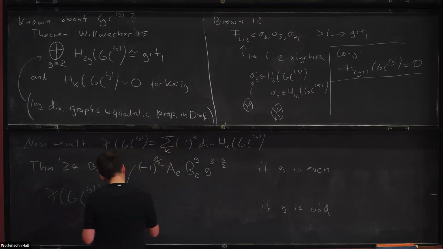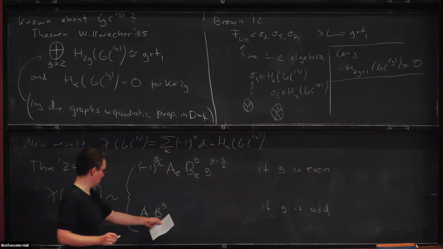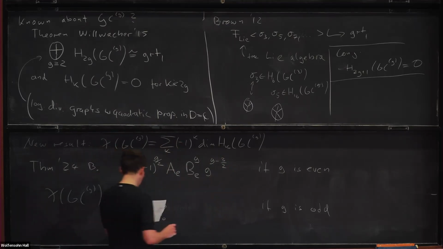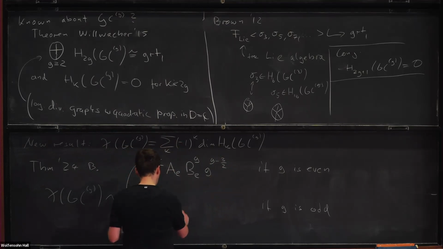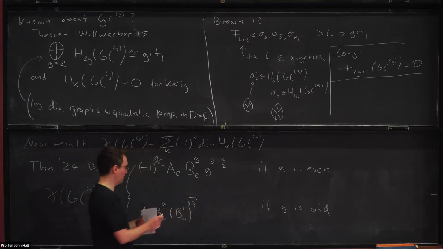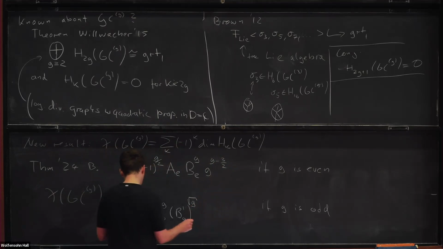And for the odd case, the situation looks much more funky. There's a similar constant A_O, B_O, and then there's another constant B_O prime that moderates a sort of square root exponential behavior for large g.